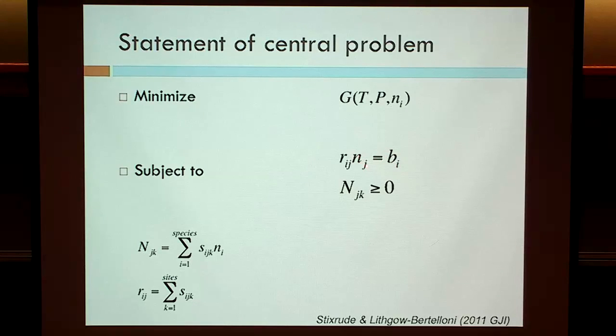Here's our n vector again. This is the stoichiometric coefficient matrix, which relates the amount of a species to the amount of each of the components in the system, MgO, FeO, SiO2, etc. And you're not allowed to have negative amounts of any component on any site in the crystal. That's what this says. And these are the relationships among those various quantities.